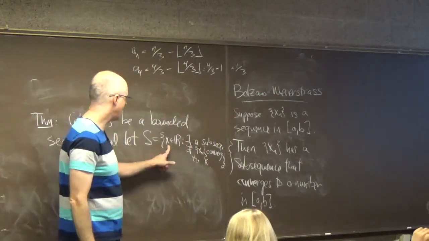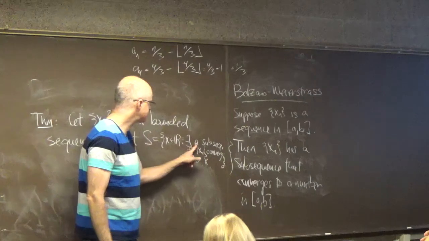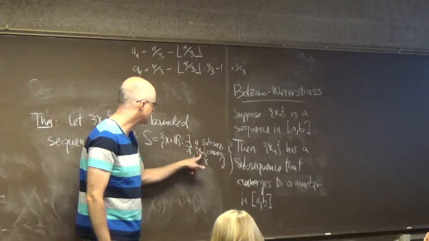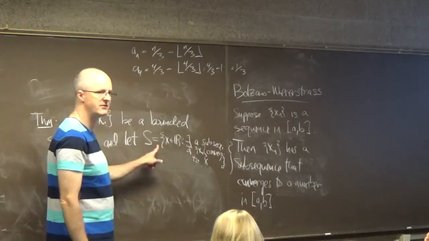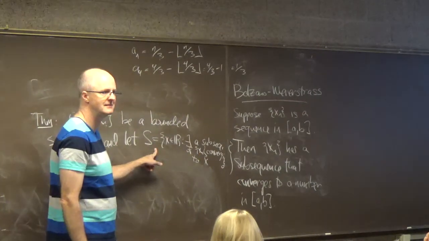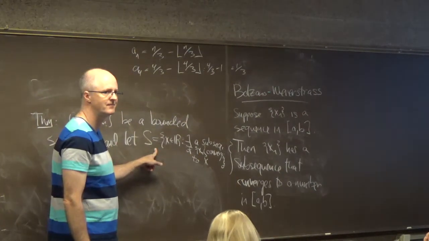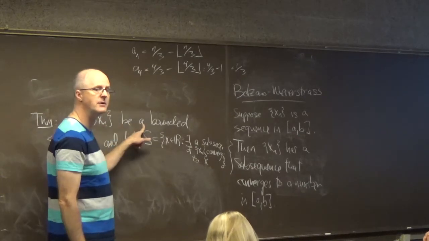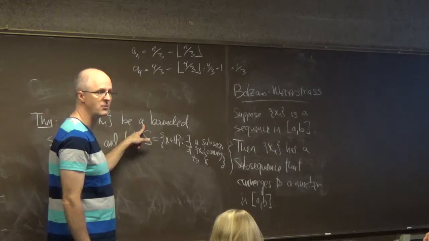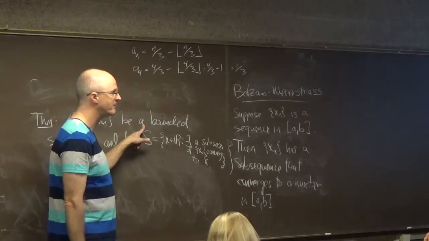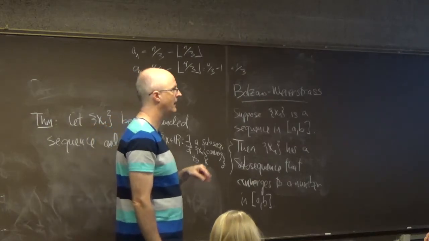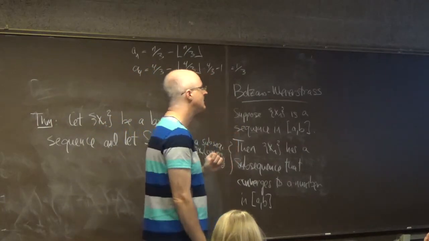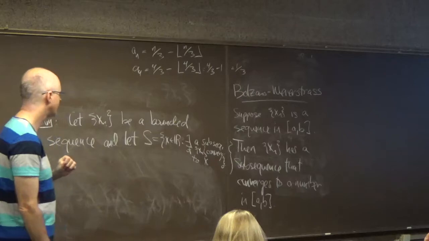S is the set of all numbers so that there exists a subsequence of the sequence converging to x. Different sequences produce different S's. It's not empty because the sequence is bounded. There will be at least one subsequential limit. So in this case, S would contain 1/3, 2/3, and 0. Yep, just 3 points.